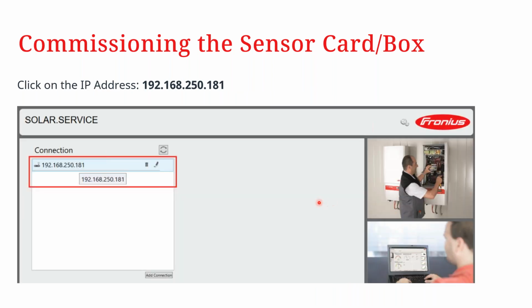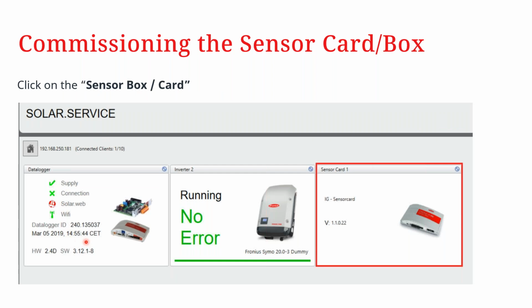Going forward, once the IP address has been added, you can now go ahead and click on it. Then you would finally have access to the system and all the components in the system, be it the data manager. If there are multiple inverters, you would have access to them. And then most specifically for this particular presentation, the sensor card.